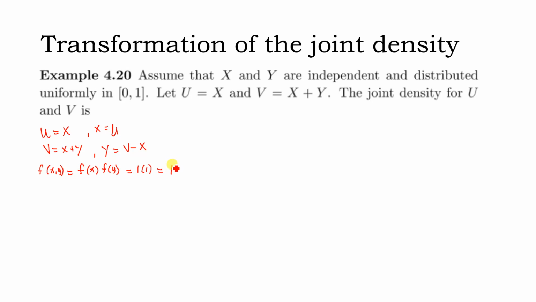We can substitute u for x and v minus x for y and use the Jacobian determinant to find the joint density for u and v.